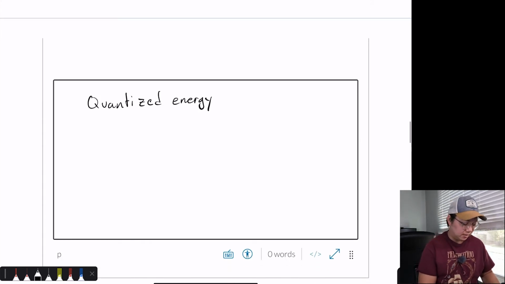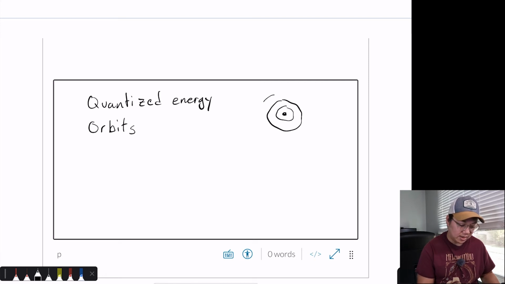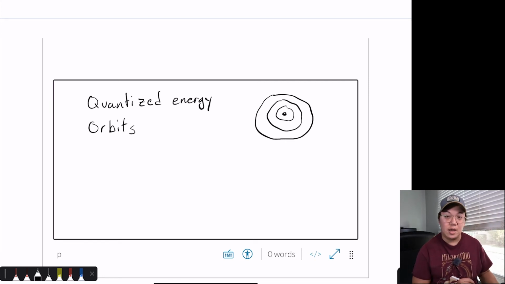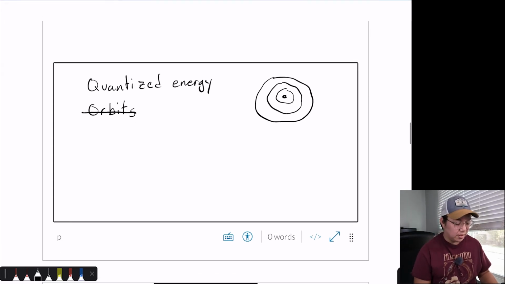The incorrect thing was orbits. So these specific paths that electrons take around the outside of an atom. So those were incorrect. So I guess you didn't really need to say anything about quantized energy, but you could say that he explained quantized energy by using orbits, but discovered that he couldn't use his model.